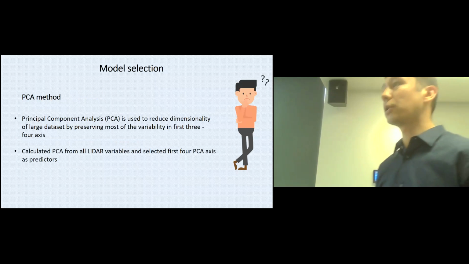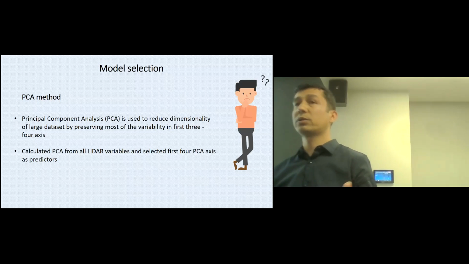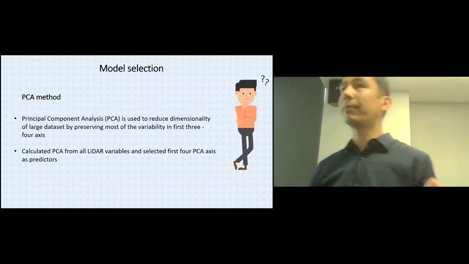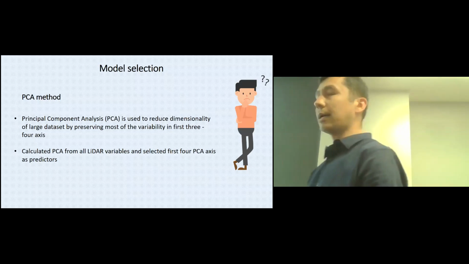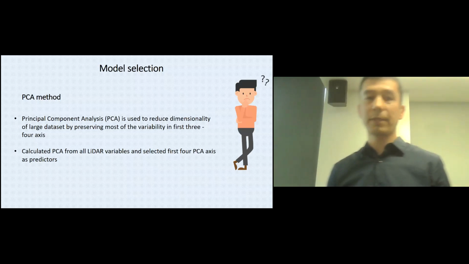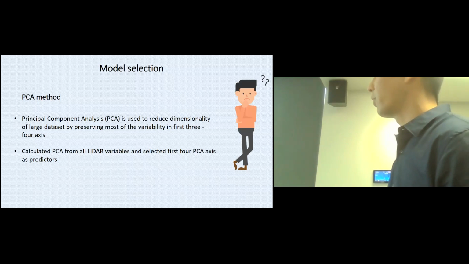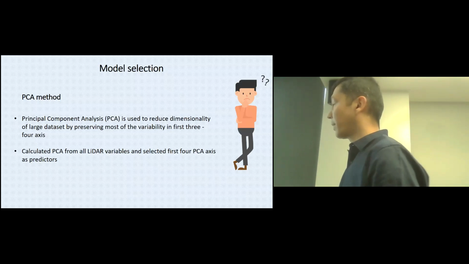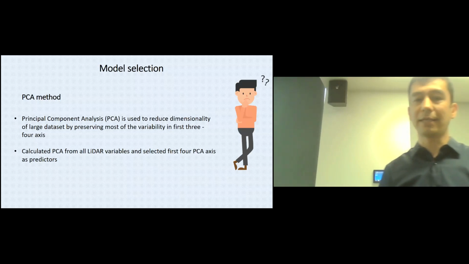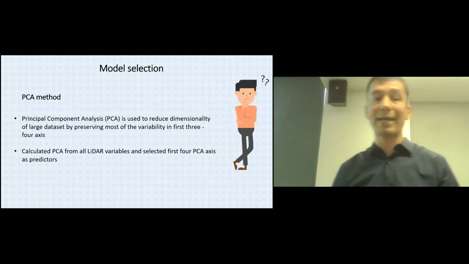One might say, you have 37 variables and you are removing most of them, and they might explain something in your data. Therefore, we tried a PCA model as well. Principal component analysis is used to reduce the dimensionality of a large data set by preserving most of the variation in the data in the first 3 to 4 axes.